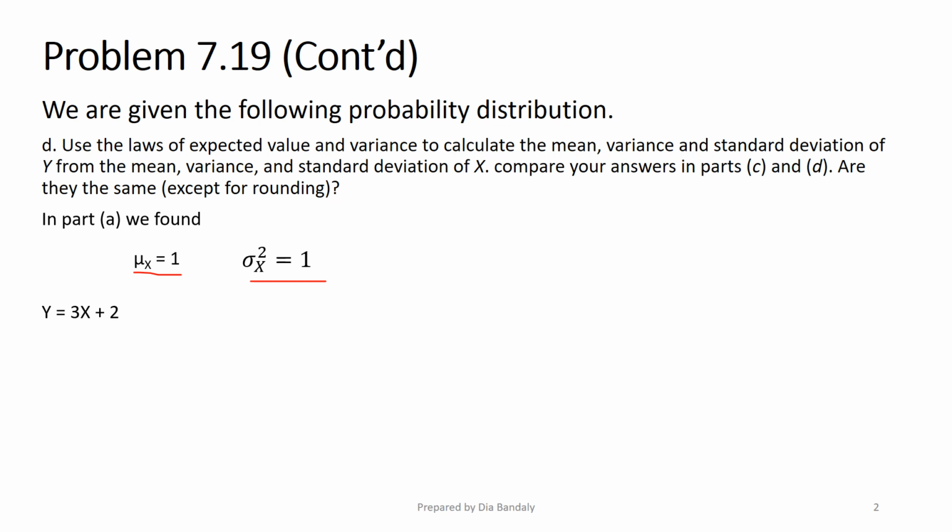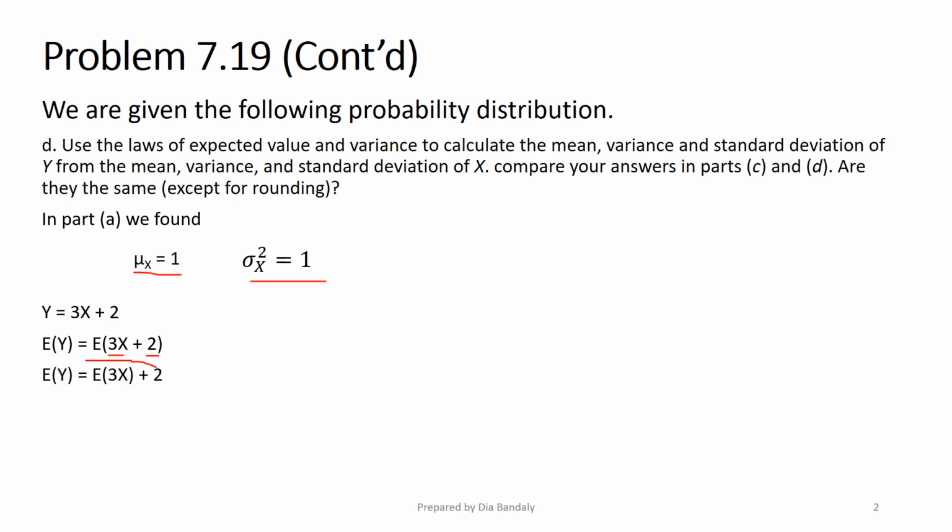So if I want to find the mean of y, all I have to do is to substitute y with 3x plus 2. So E of y is E of 3x plus 2. Okay, I notice that this is a constant. So that will allow me then to use the law which says E of z plus c is E of z plus c, where z in this case is 3x.